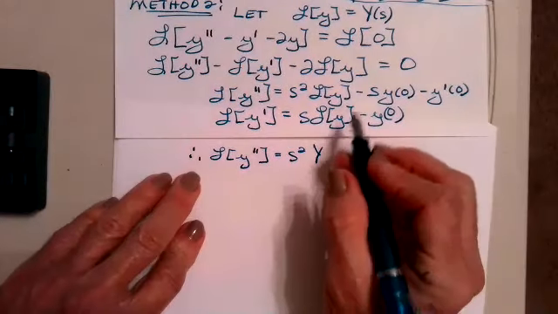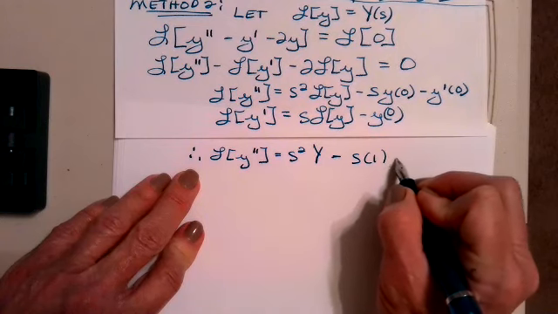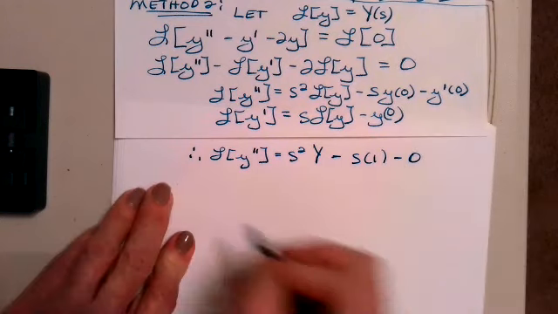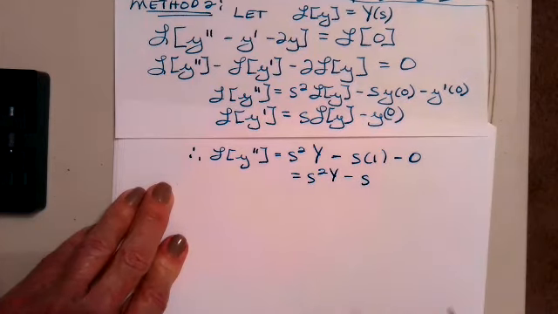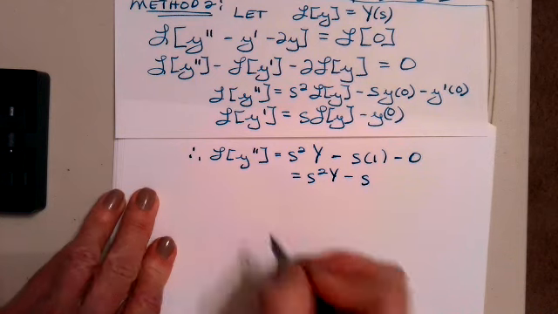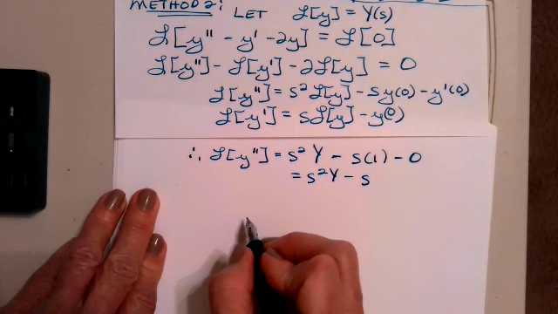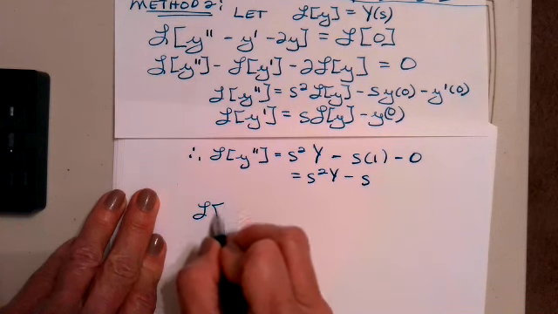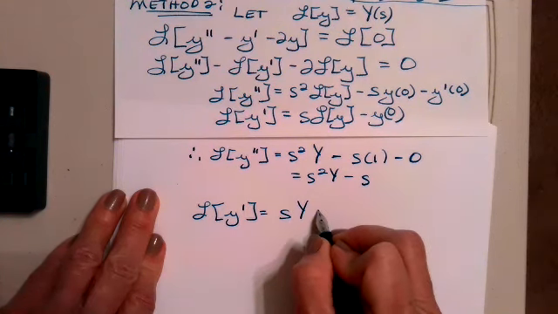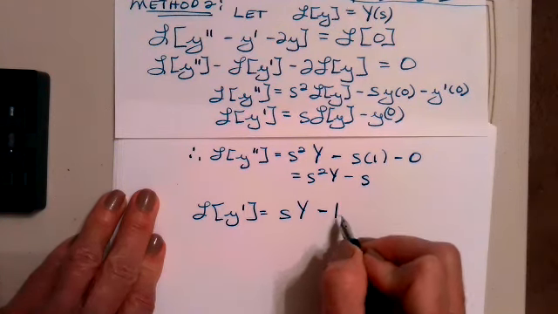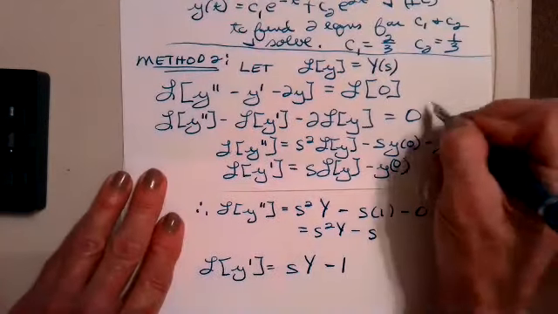So this is s squared Y minus s times 1 minus 0. So that is s squared Y minus s. Okay. And the next one, the Laplace transform of y prime, is s times capital Y minus y of 0, which is 1. Okay, now we put all that into this equation right here.